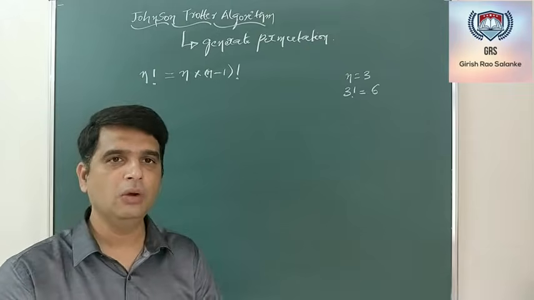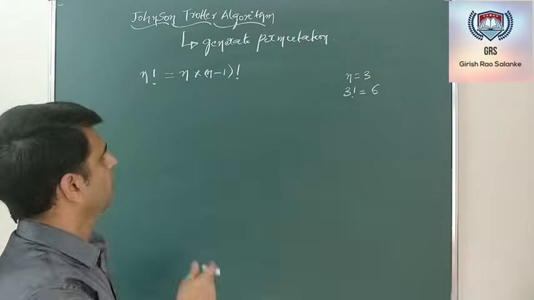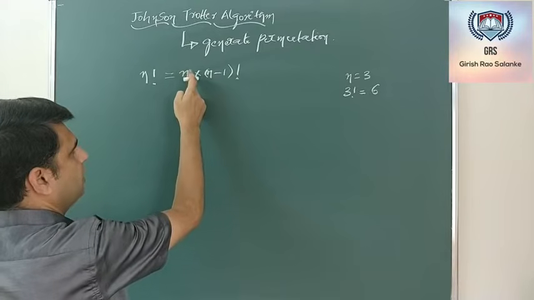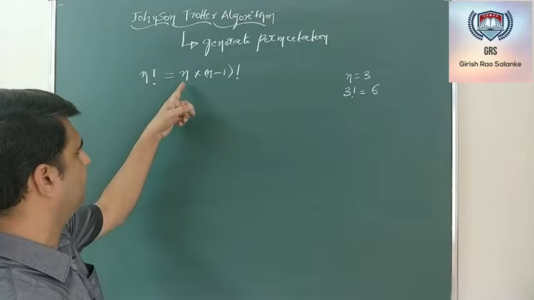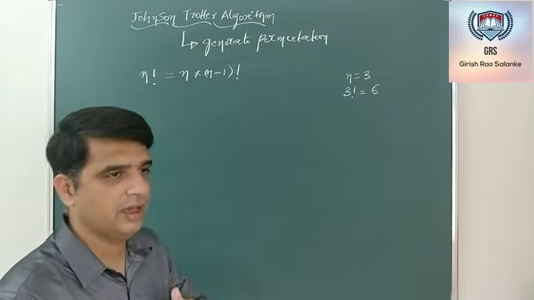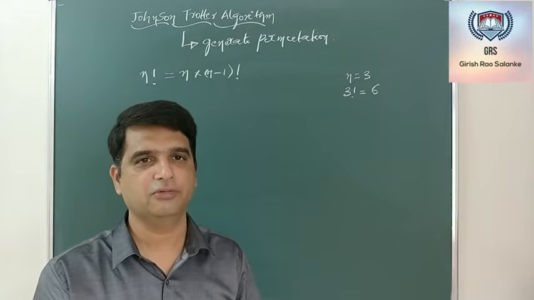In the sense, if I know the solution to n minus 1, then the only thing that is left out is I need to take a decision where exactly I need to insert this n, that is the different permutation where this n needs to be inserted in the smaller instance of the problem.